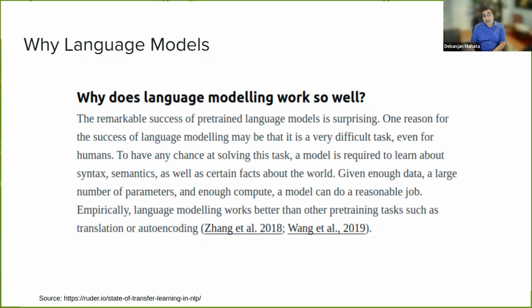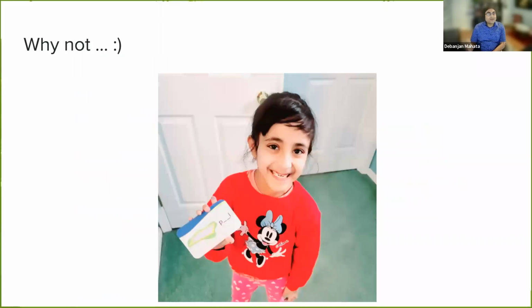language. This might be a big claim, but it has been observed over time, and there's a long way to go, I do agree. But this is certainly a good approach to learn about the nuances of the language. So why not?